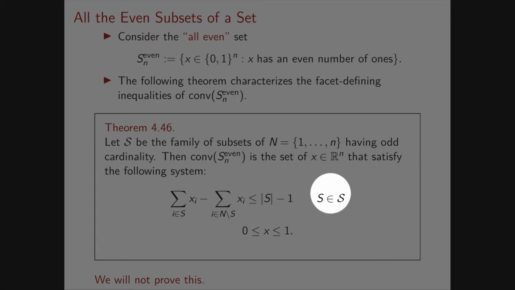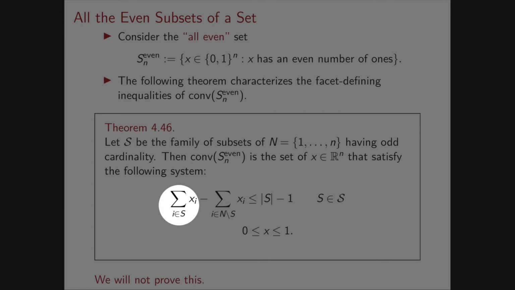In fact, let's pick an S in capital S, therefore the cardinality of S is odd, and so the right hand side here is an even number. Now there are two cases essentially. In the first case, all the x_i equal to 1 are with i in S. So essentially all these guys are 0. And what about the sum?